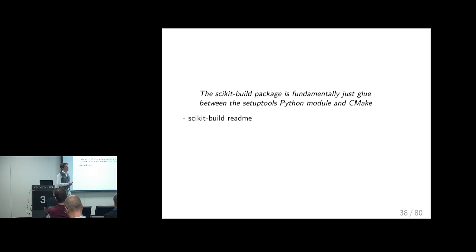And they too kind of felt that the tools they had for building and managing and developing this were inadequate. So they created this package, and as it says on their README, the scikit build package is fundamentally just glue between the setup tools Python module and CMake.